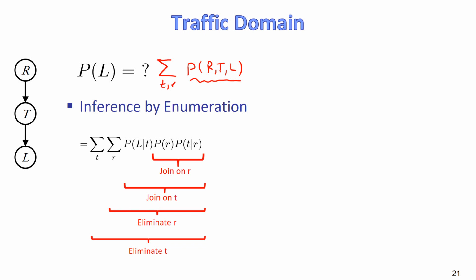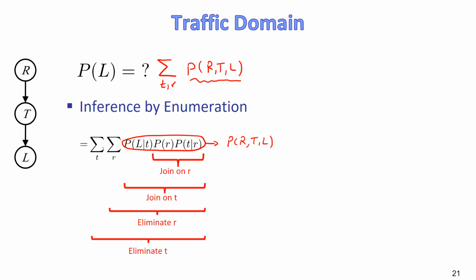So P of R, T, and L, we can spread it out by the chain rule, but we can also use what is encoded by the Bayes net. So this joint probability is the probability of L given T times the probability of R times the probability of T given R. So this is P of R, T, and L. That's what we want to get first, then we sum over T and R.